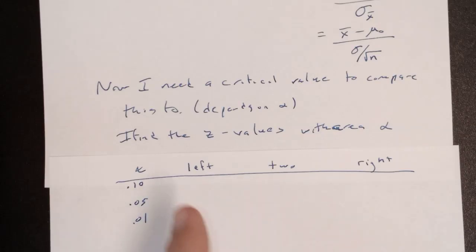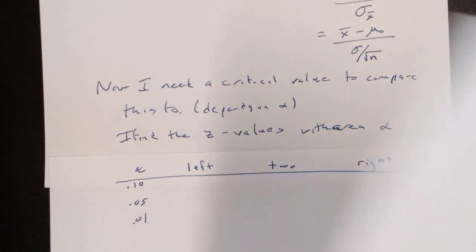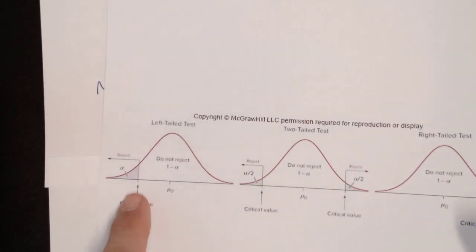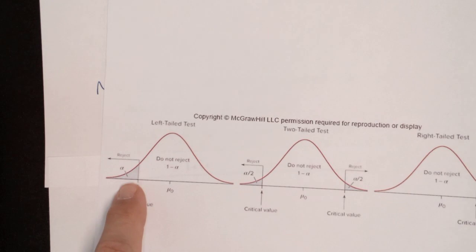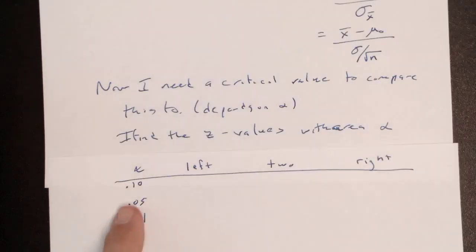In a left tail test, remember the picture for my left tail test looks like this, where all the shading is on the left. If I'm doing a left tail test, I want this area to be alpha. I want that area to be 0.1. What is the appropriate z-value that goes with an area of 0.1?